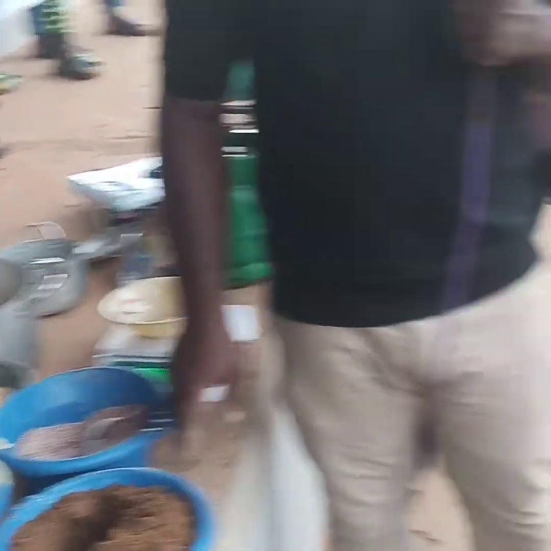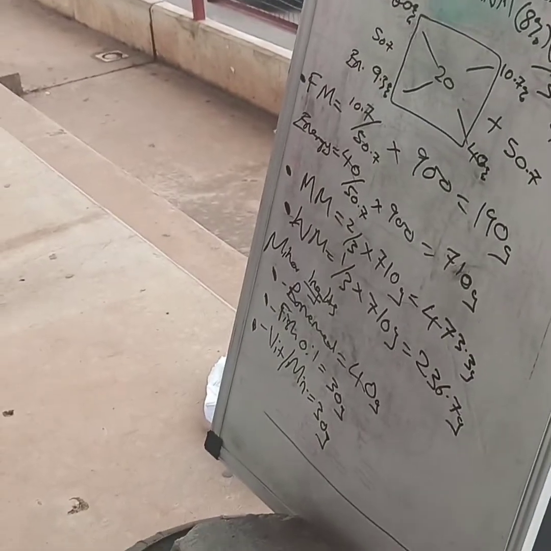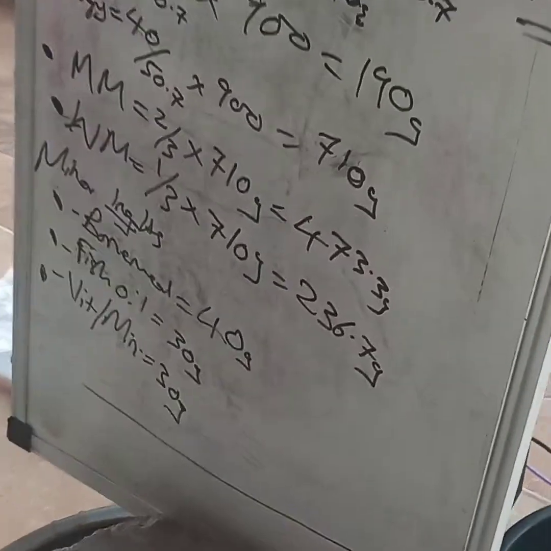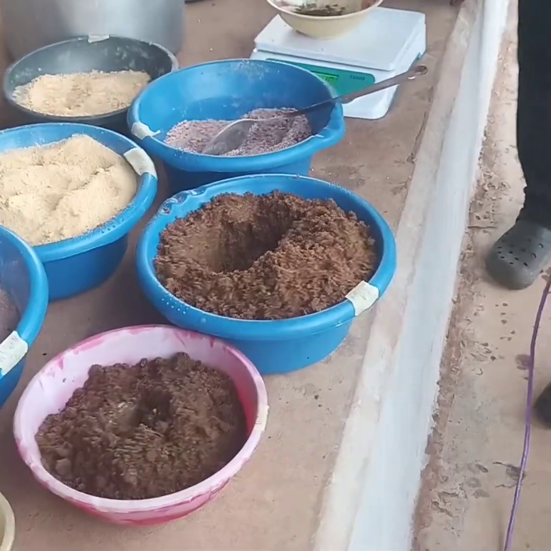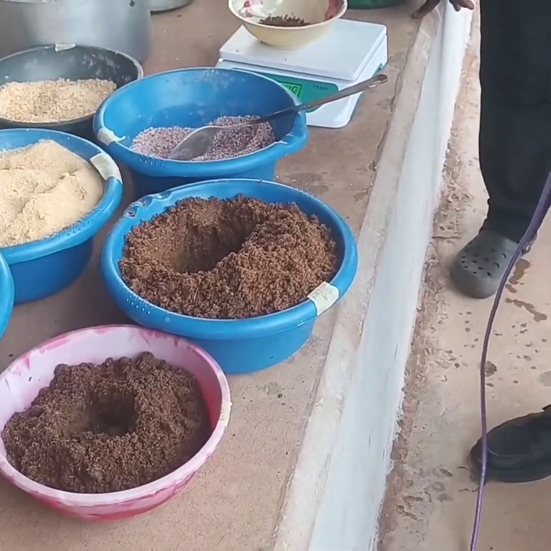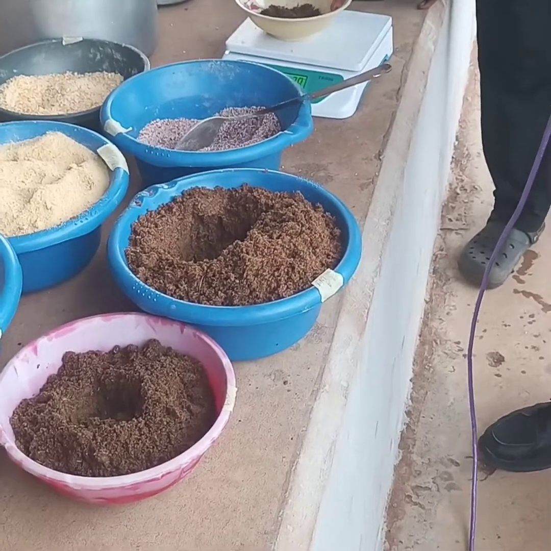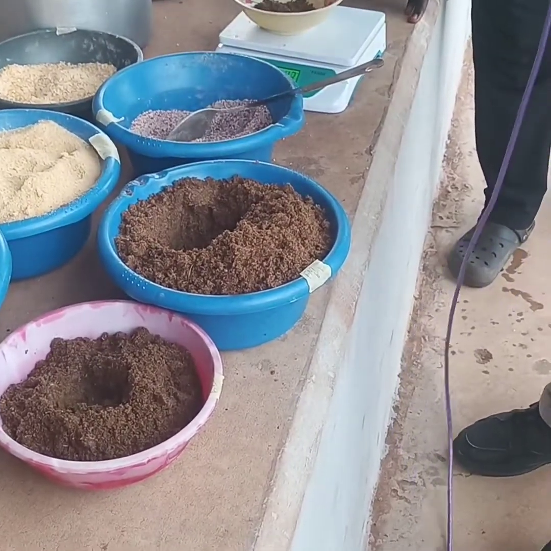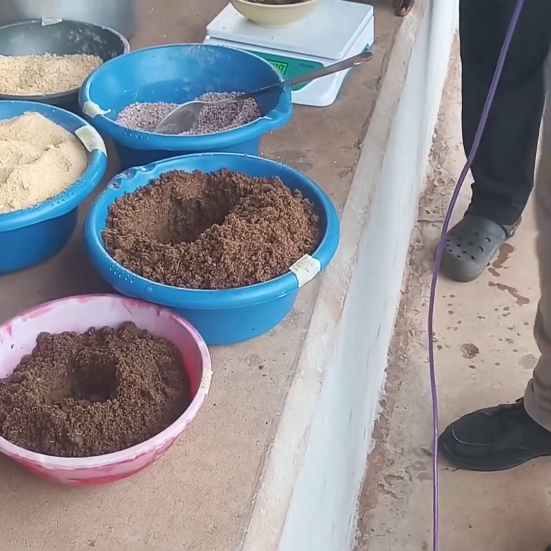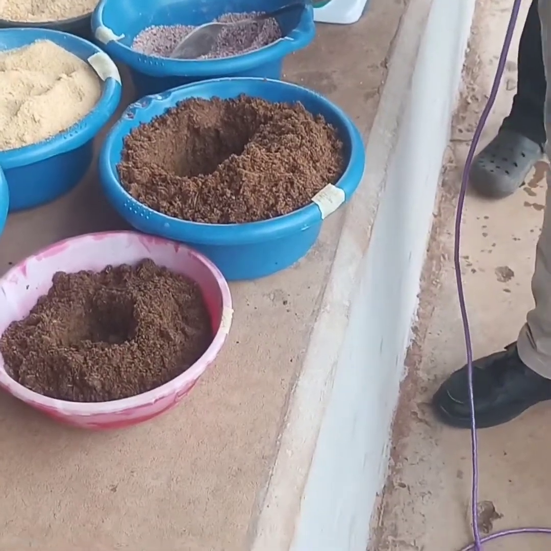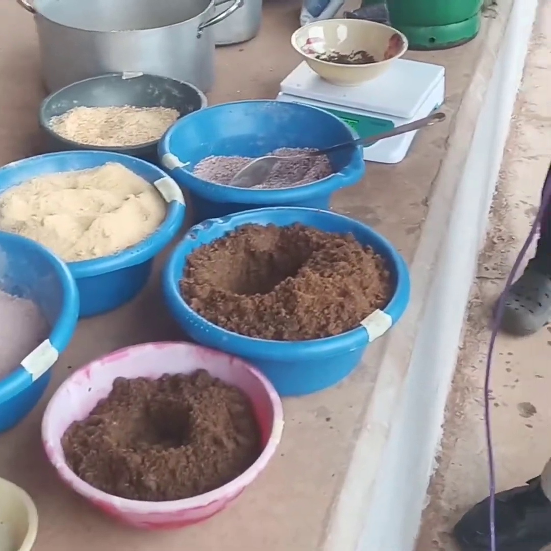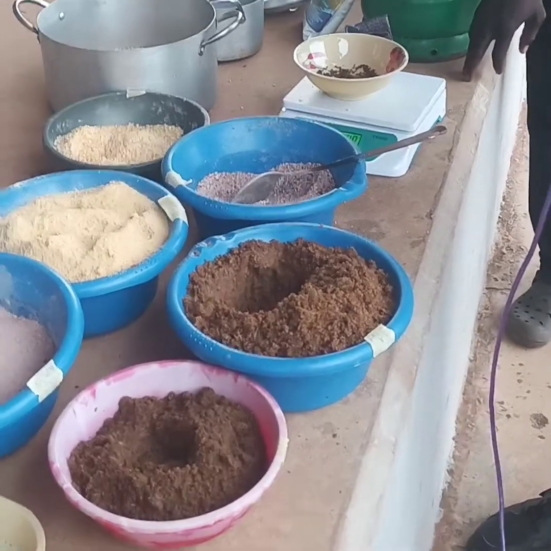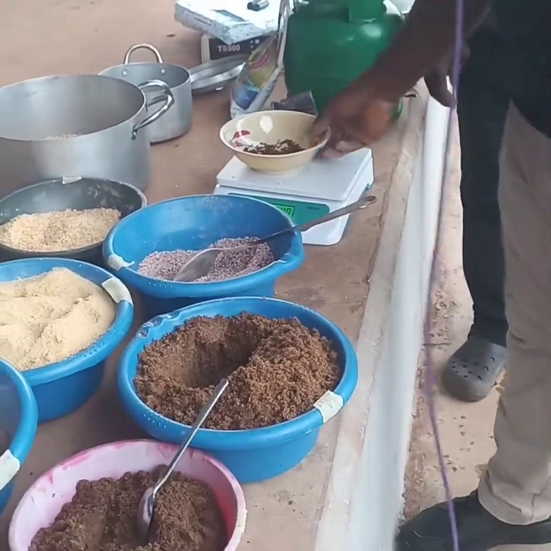Good. Bone meal. Bone meal is 40 grams. 43 grams. Reduce it to 40. 40 grams. Pour it.